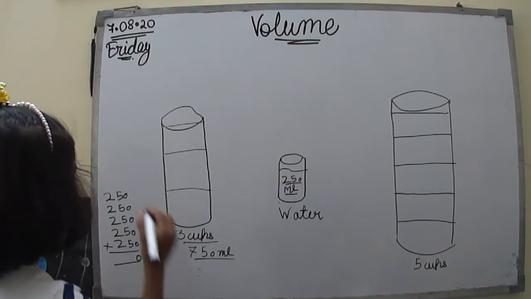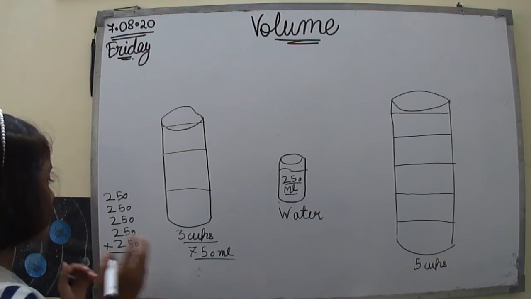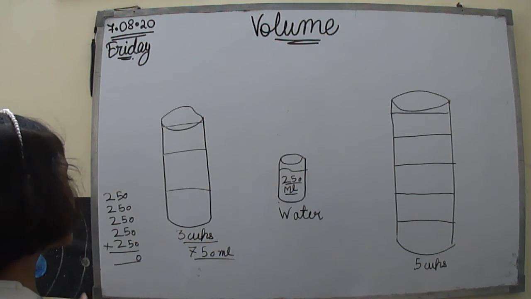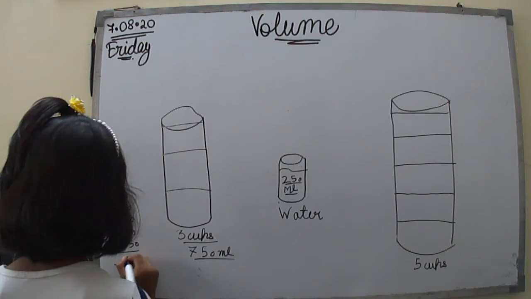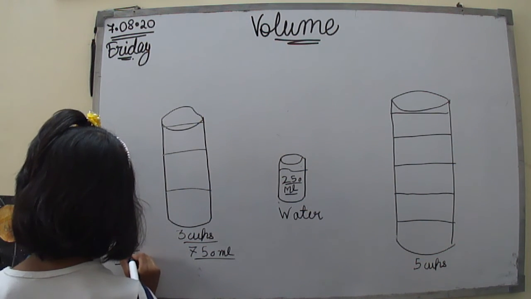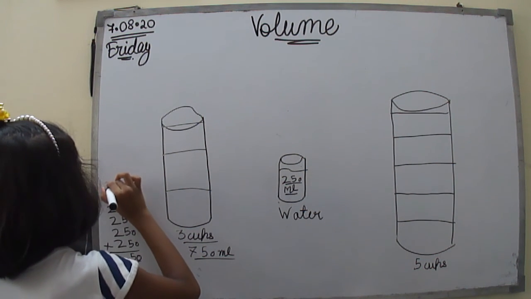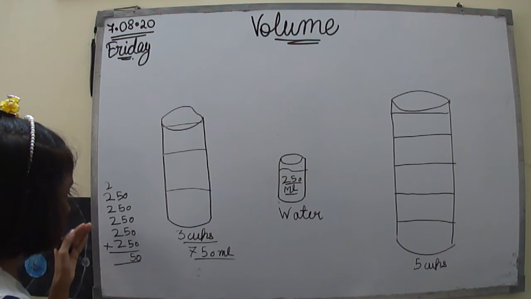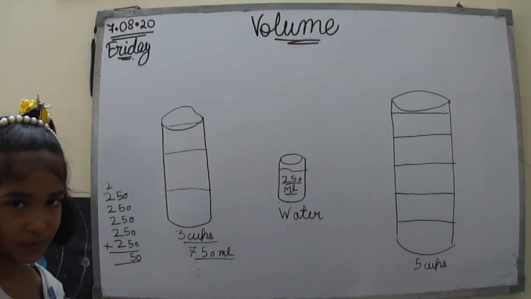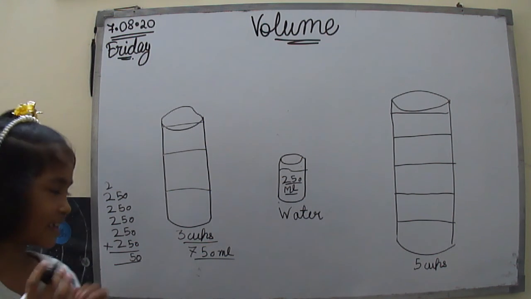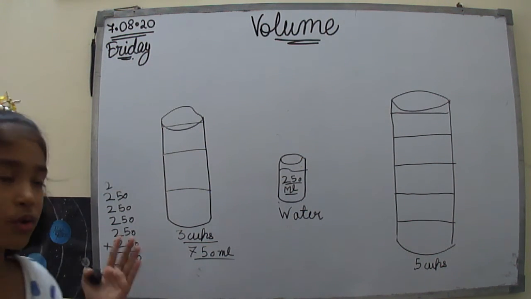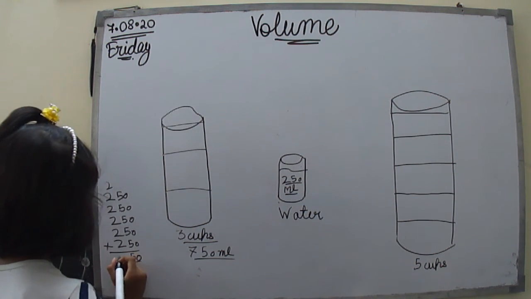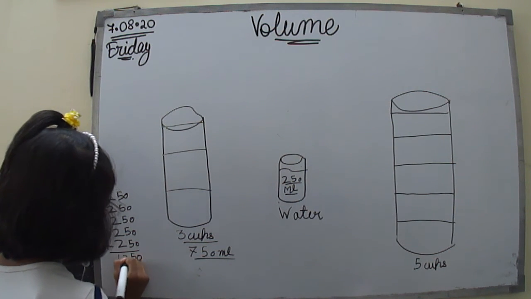And now we have 5. 5 plus 5 plus 5 plus 5, okay, it is 25. So 5 over here and 2 will be carried. So 2 plus 2 plus 2 plus 2 plus 2. Of course it is 10. 10 plus 2, 12. So the answer is 12.